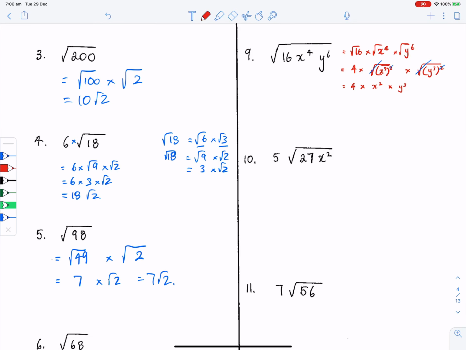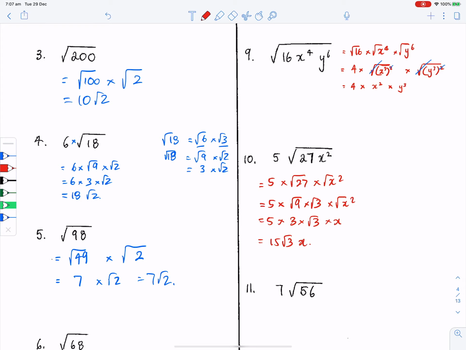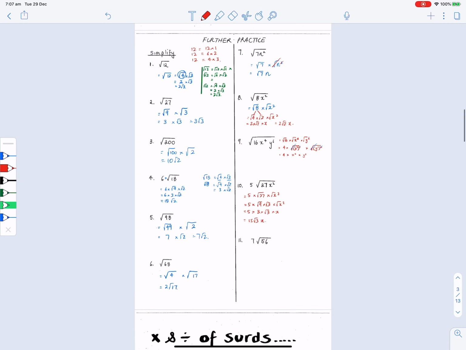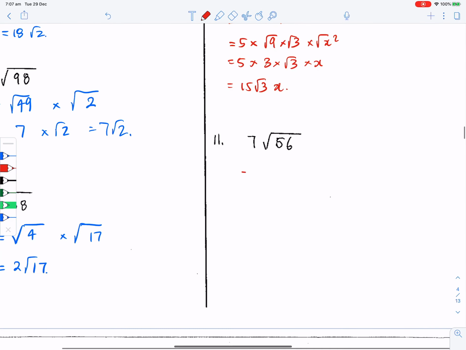Question 10 now. I simply break it up and then I start focusing on breaking down the surd. Okay, so what numbers multiply to give 56?